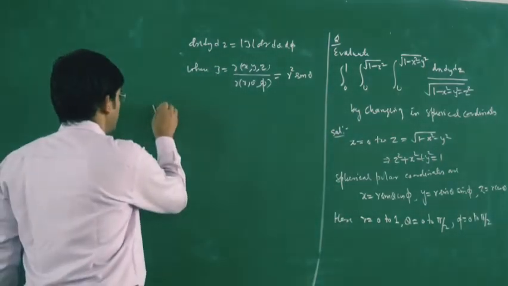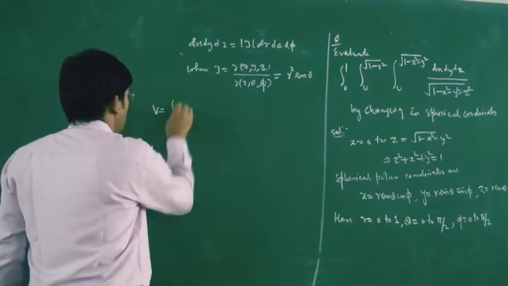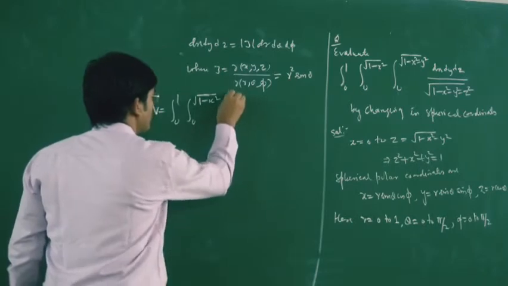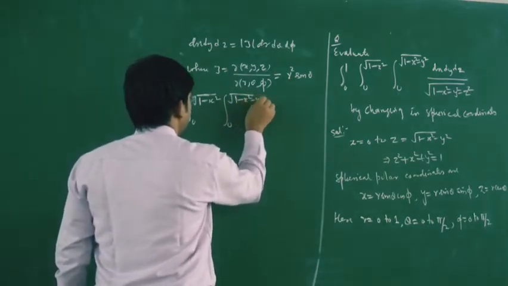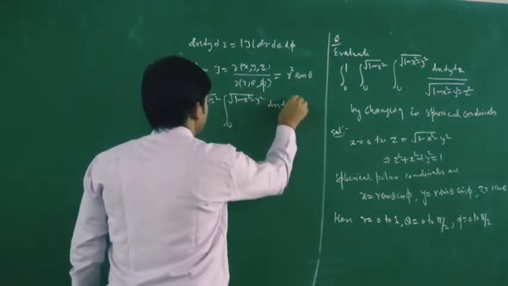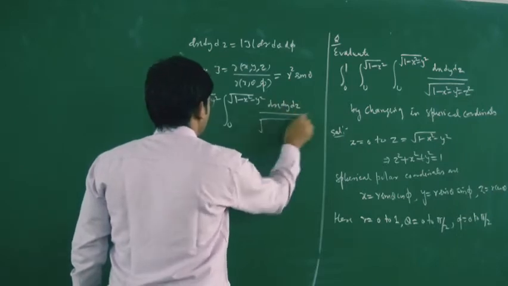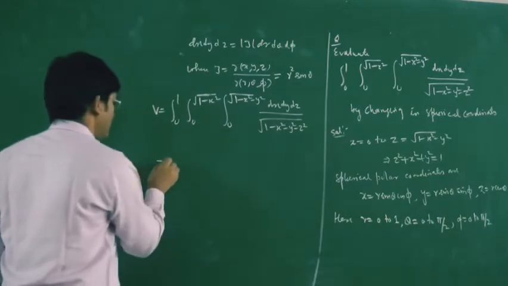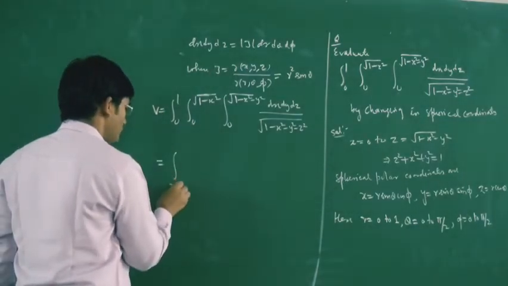So we can write this triple integral as V. Now this triple integral will be equal to the integral where r will move from 0 to 1.